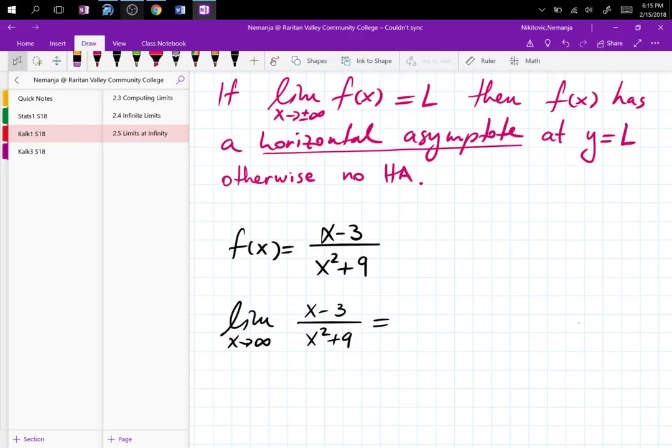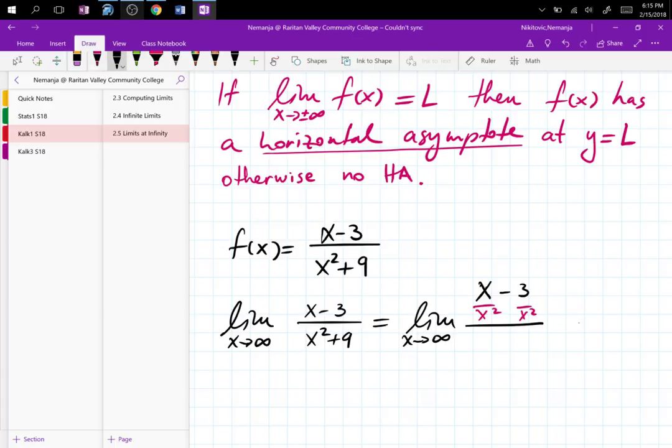Now this is going to be a new way to solve problems. If you have polynomials, you are supposed to divide every term by the term with the highest exponent. So this is the procedure now. What I'm going to do is divide x minus 3, you see how I leave some space, because now I'm going to divide it by x squared.